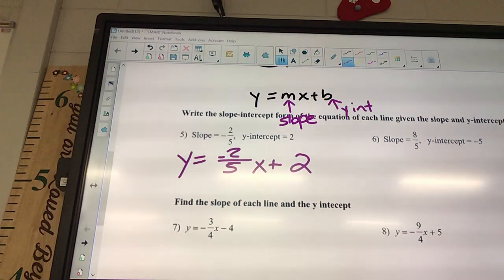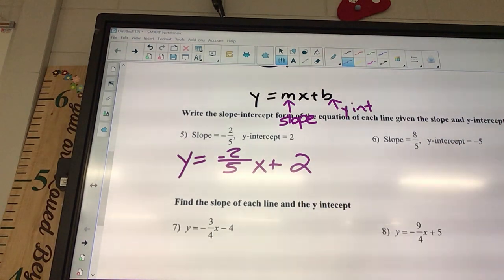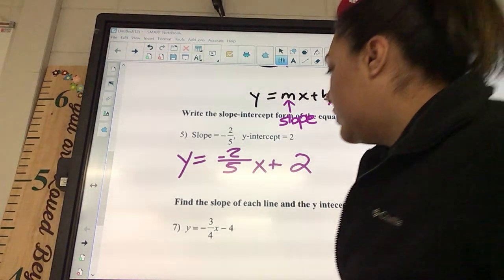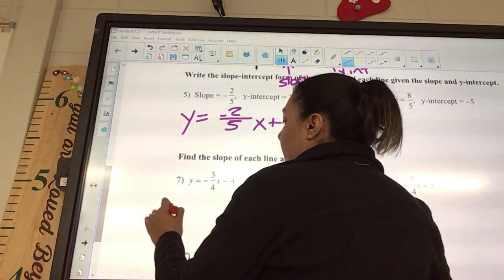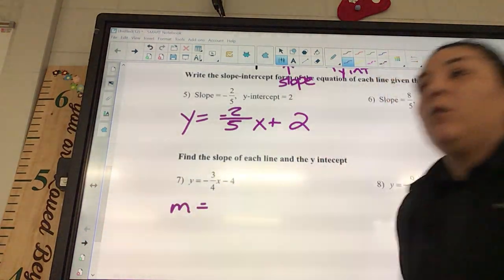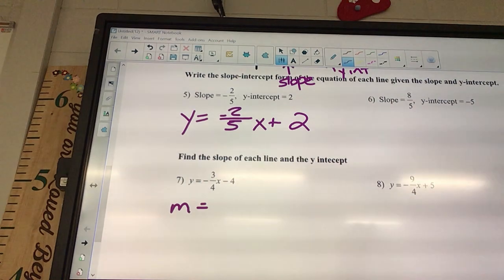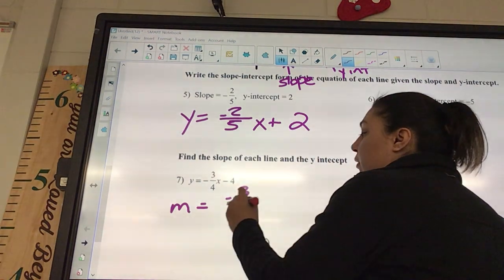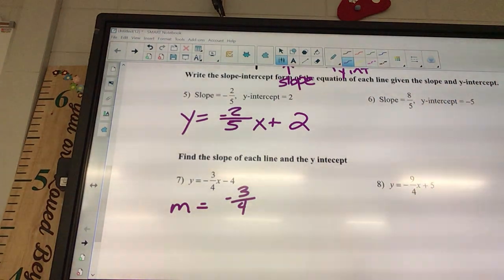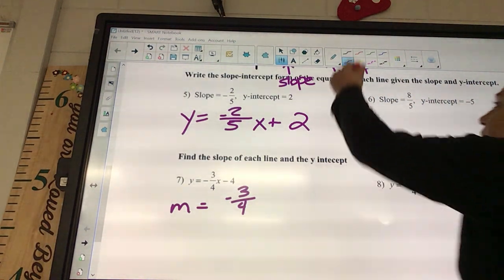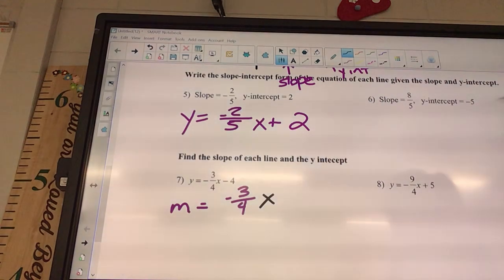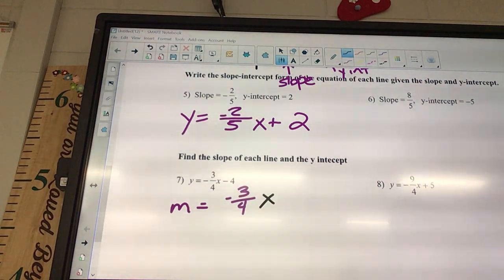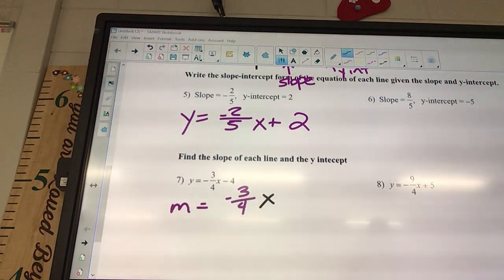Okay, the next one, instead, they gave you the equation and they want you to just pick out the pieces. So, what is the slope on there? Negative 3 over 4. One thing I'm going to tell you guys from looking at some of your papers yesterday: the slope is not negative 3 over 4x. The x is part of the equation, it is not the slope.